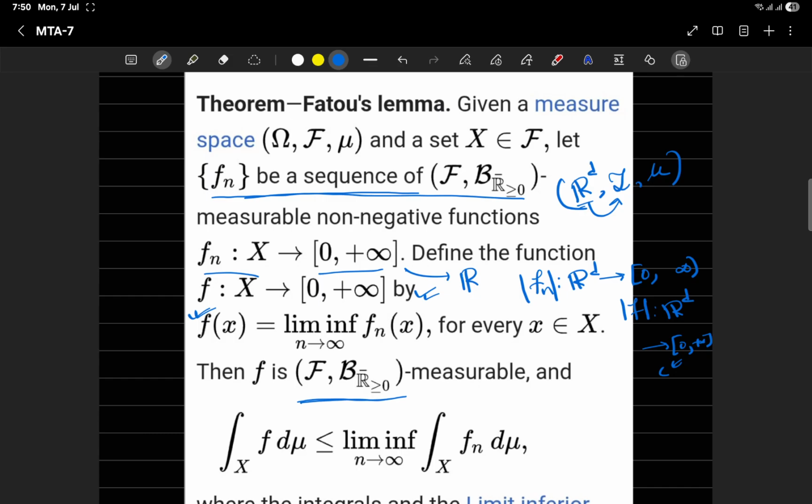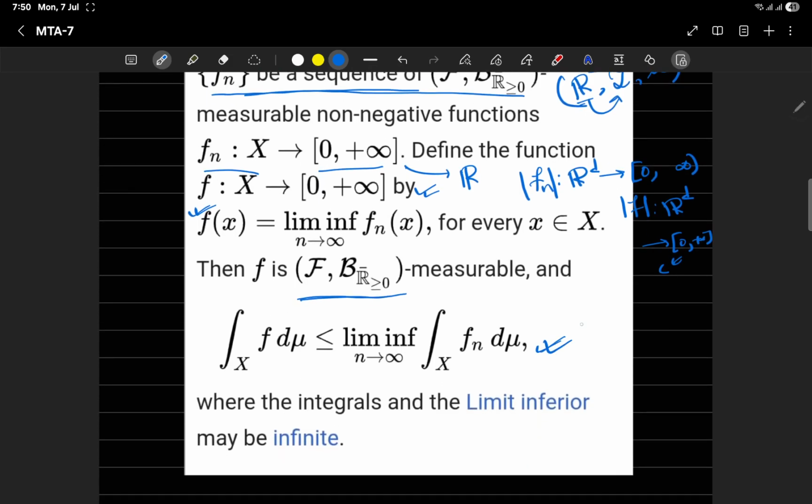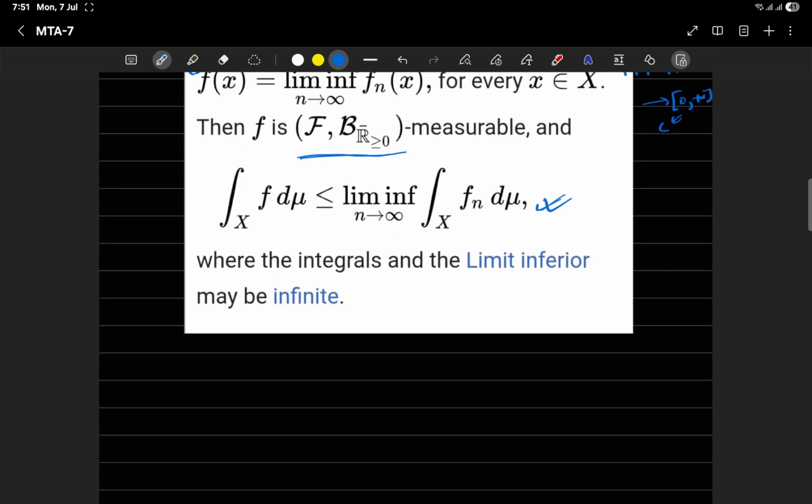So yeah, then this thing will happen. We can simply use this result. In our case, this result will hold, and if I use this result, our question will be proved very easily.